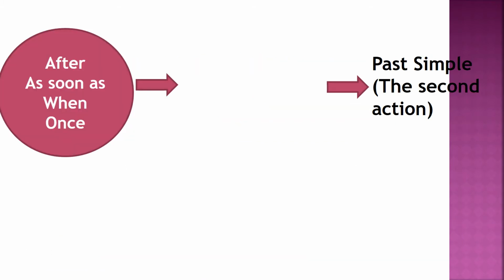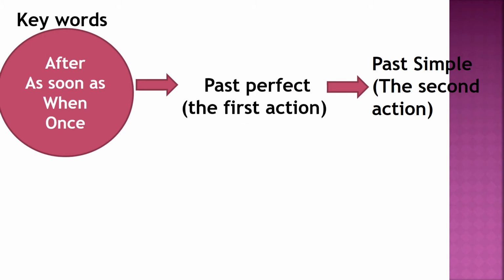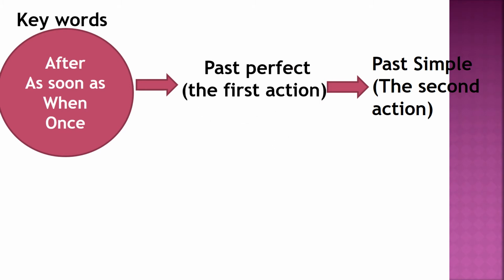The key words that refer to the past perfect tense are many. We will start with after, as soon as, when, once. After and as soon as and when and once come with the past perfect sentence when we talk about the first action.